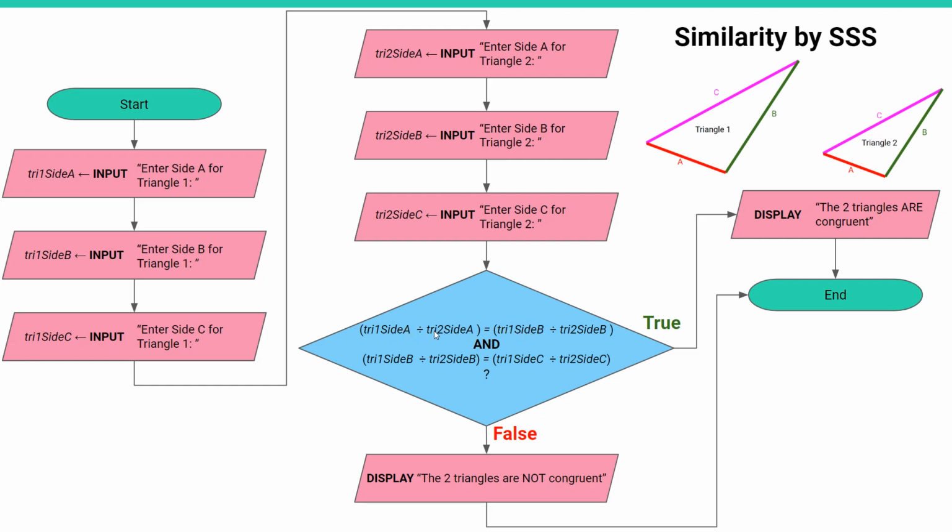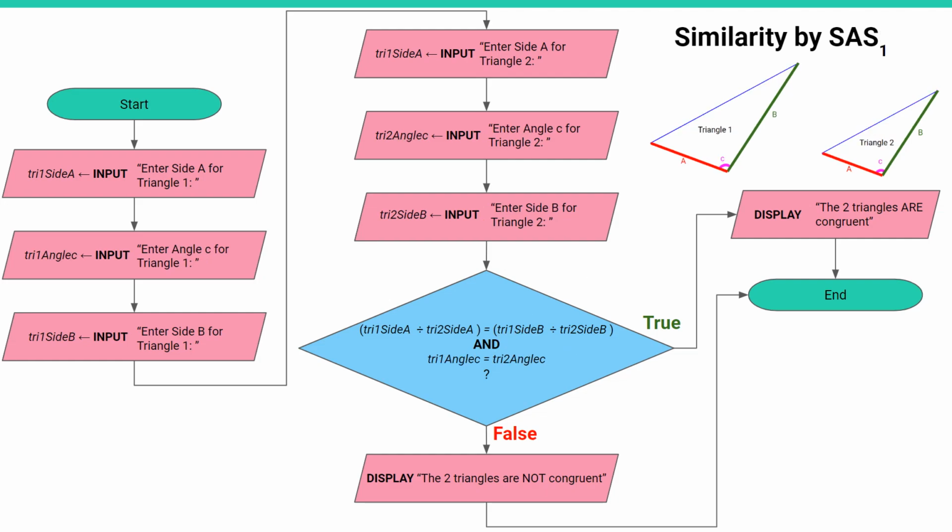We're doing the ratio between the 2 side A's across both triangles, and that has to be equal to the ratio between the 2 side B's across both triangles, and then the ratio between the 2 side B's has to be equal to the ratio between the 2 side C's. So the way SSS works, the ratio between corresponding sides across both triangles need to be the same, and that's what this step is doing here.